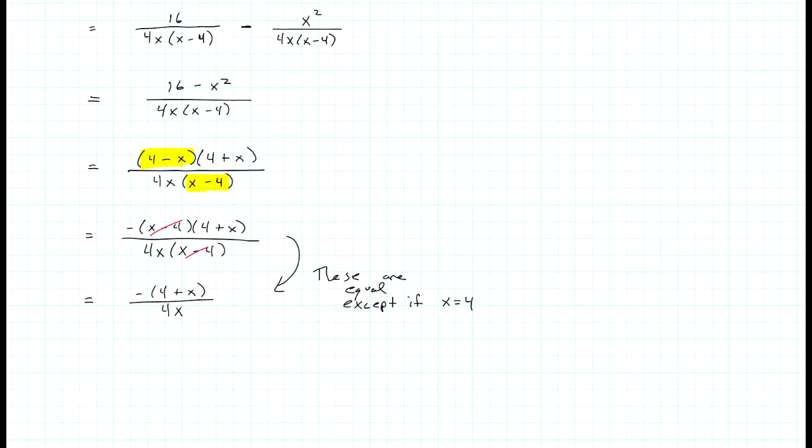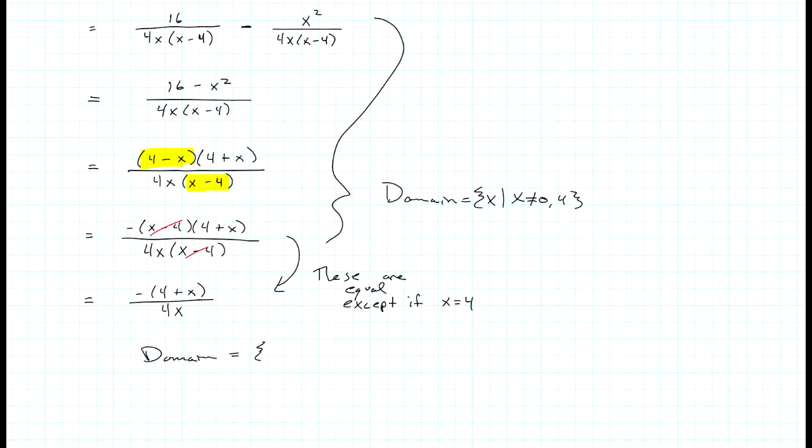We could plug that in, no problems. So the domain of the first one is the set of x such that x cannot equal 0 or 4. And the domain of the last one is the set of x where x cannot equal 0. That's the only restriction there.